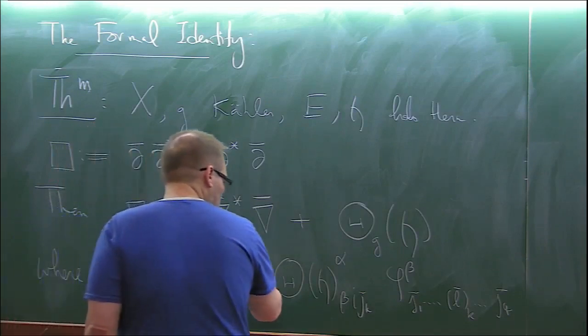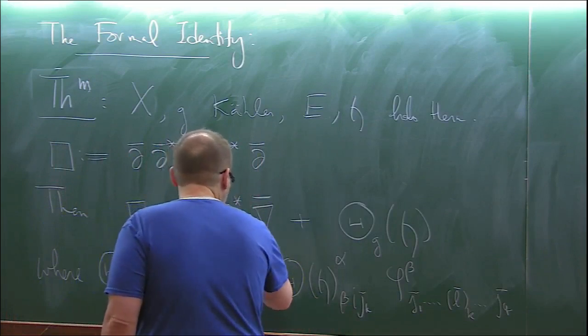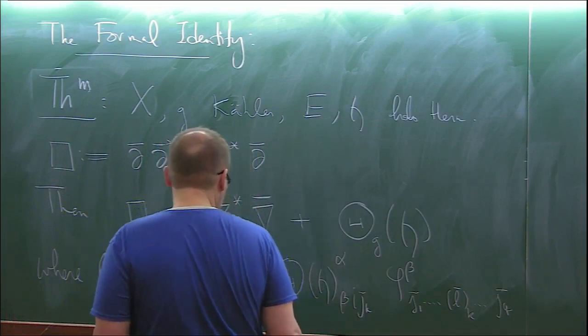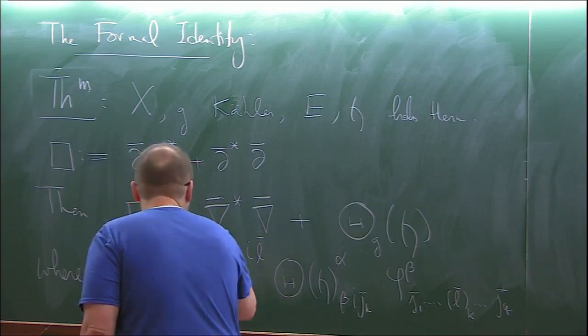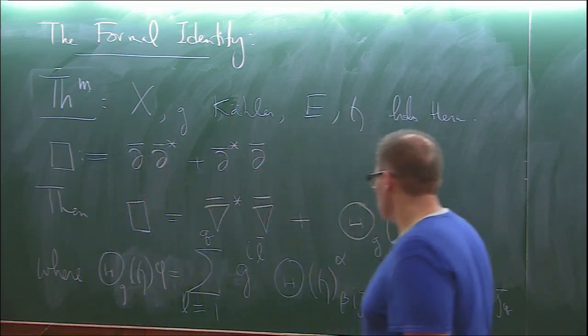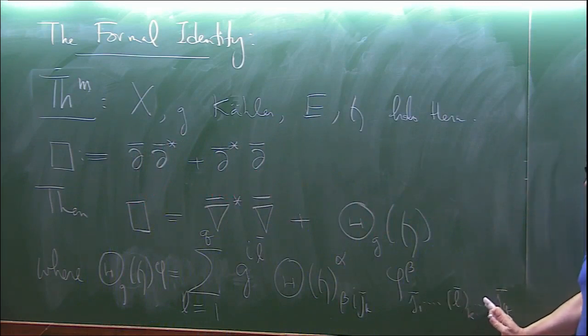And then I'm going to contract I and L bar. I'm going to sum L from 1 to Q. So you see, you're acting on every index separately.